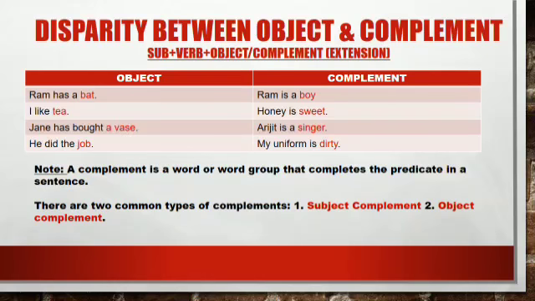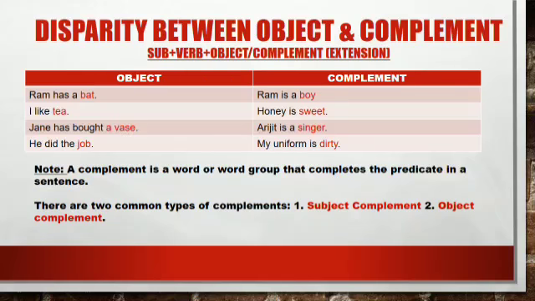So this is the simple trick, or easiest trick, to find out the object. And on the other hand, complement refers to the subject, or sometimes it also refers to the object. Here we are going to discuss later. So a complement is a word or group of words that completes the predicate in a sentence.